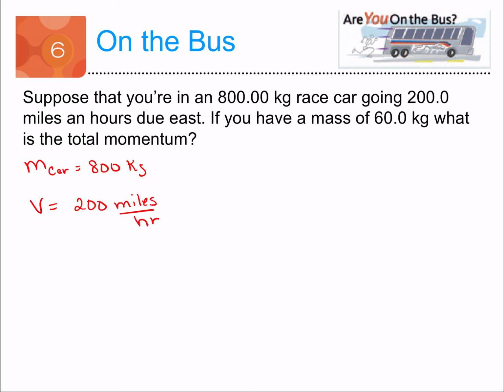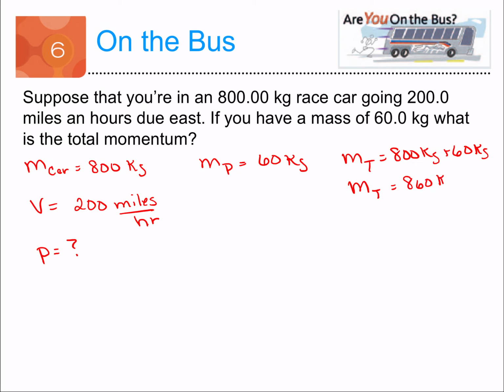You have a mass, so we're going to say MP for mass of the person is 60 kilograms, and you want to know what's the momentum. Well, you're in the car, so therefore the total mass is going to be the 800 kilograms plus the 60 kilograms. So the total mass is going to be 860 kilograms.